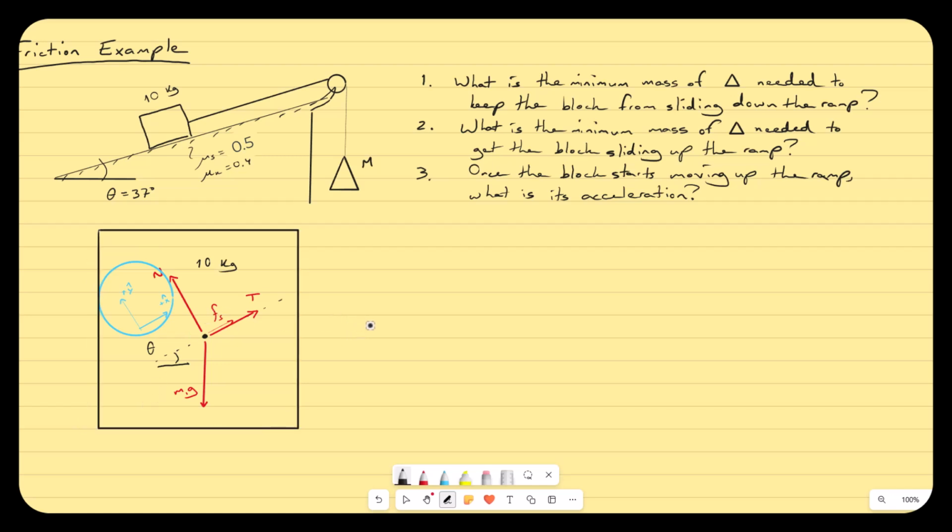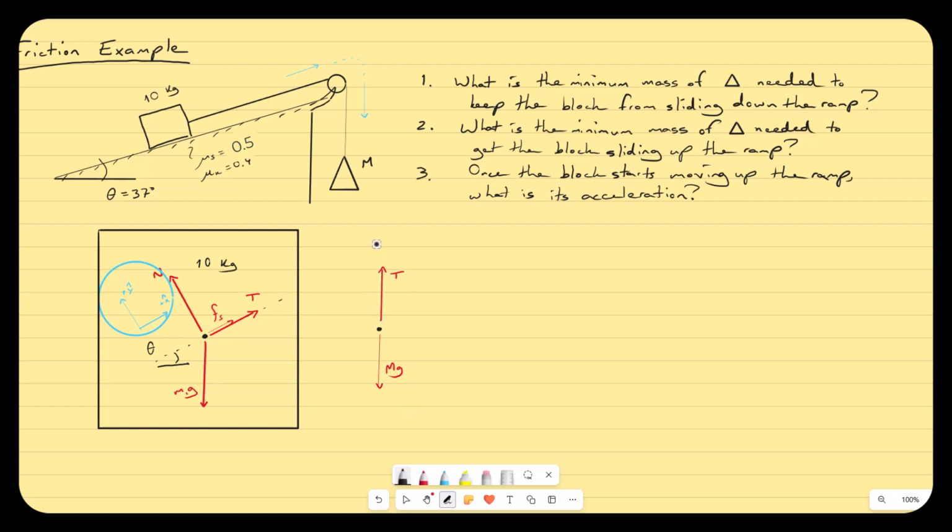For the other free body diagram, I have this x-axis that points up the ramp, and then it hits the pulley. So my x-axis here has to point vertically down. I have the forces. I have mg going down. I have T going up.